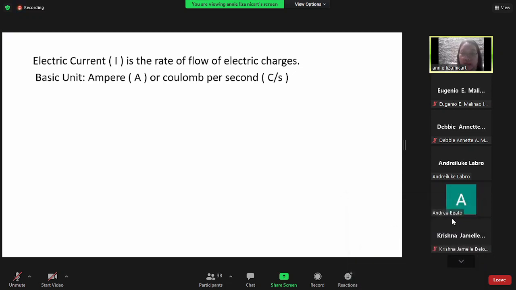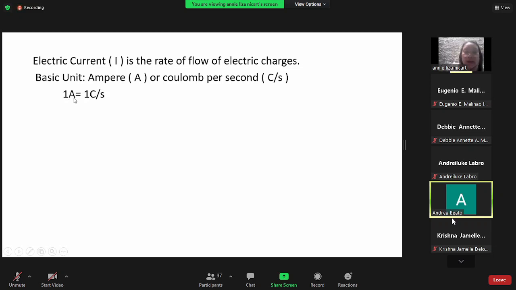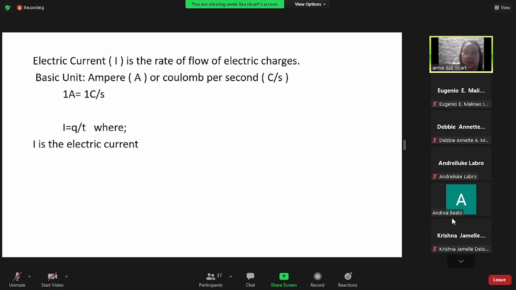Okay, 1 ampere is equivalent to 1 coulomb per second. So yung A is equal to coulomb per second. This is the expanded form of the unit ampere. So from the definition, electric current is the rate of flow of electric charges.